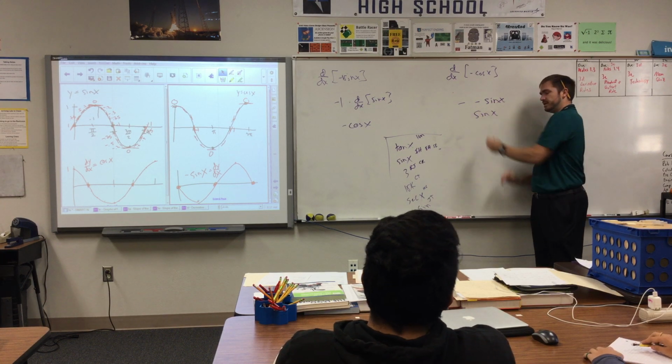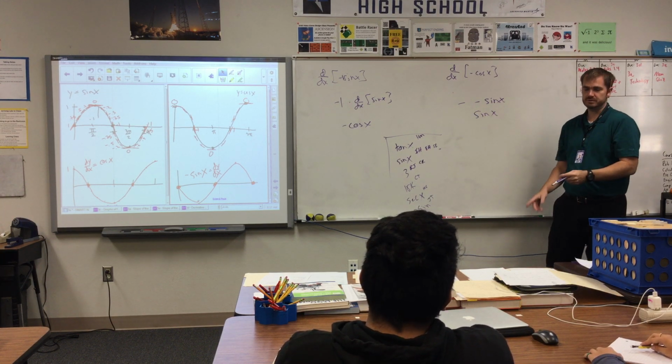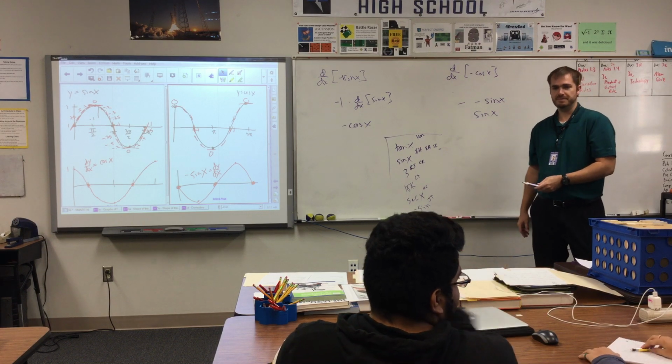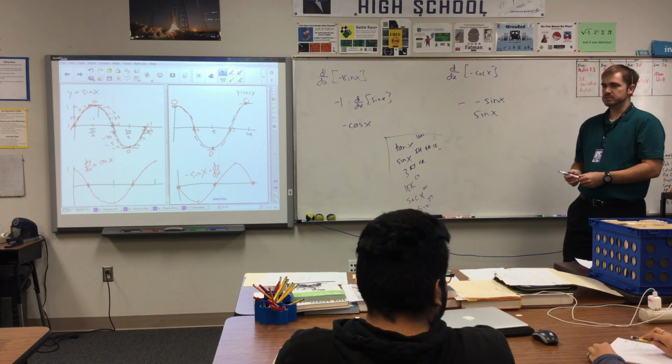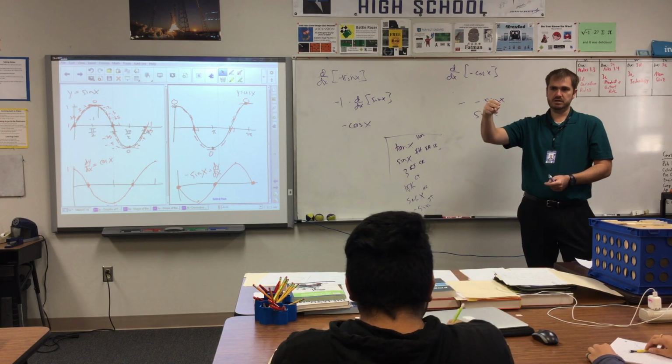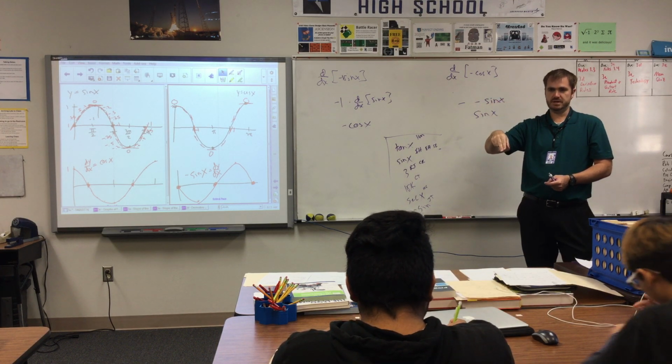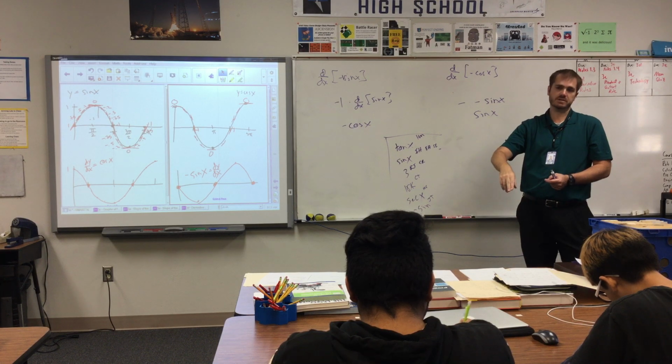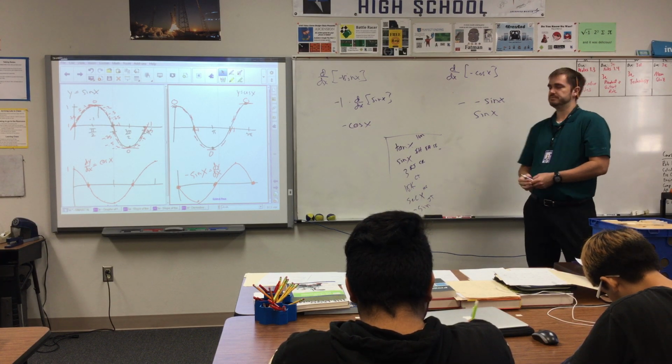So yes, it is a big circle, bigger than what you thought. It's a 4-part, not a 3-part. Can we trace it through? You've got sine, then cosine, then negative sine, then negative cosine, then sine.